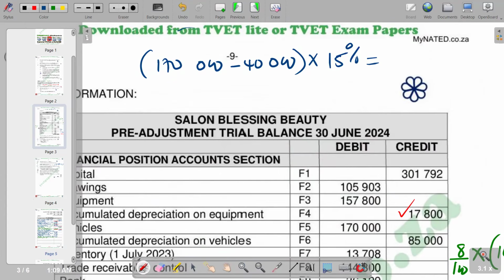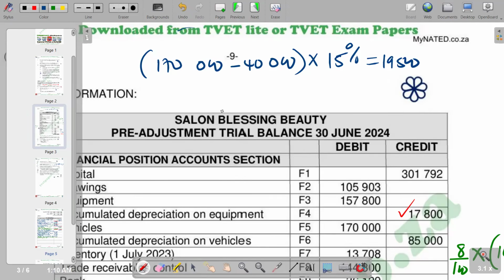So try to see what we get. So basically 130,000 multiplied by 15%. So we get 19,500.